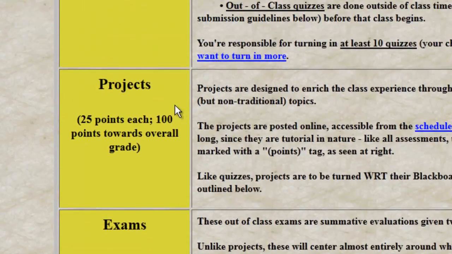Projects. Projects are hard to describe, and using these words, quizzes, projects, exams, might not even be the best way to describe them. Quizzes essentially are homework. Projects are as good as the textbooks are that we use. There are still topics that, for whatever reason, still don't make it into statistics textbooks.